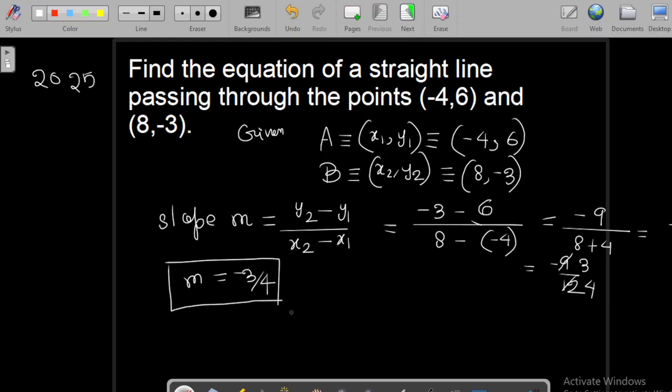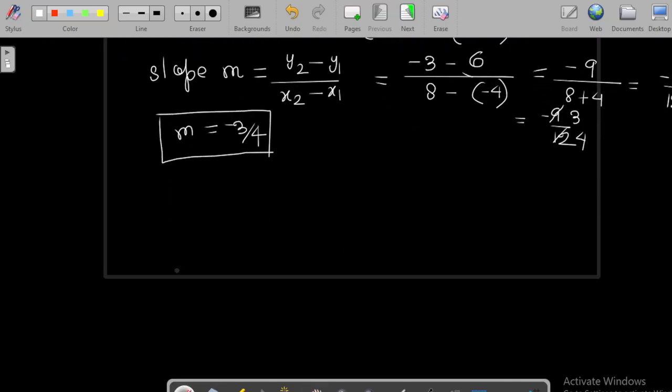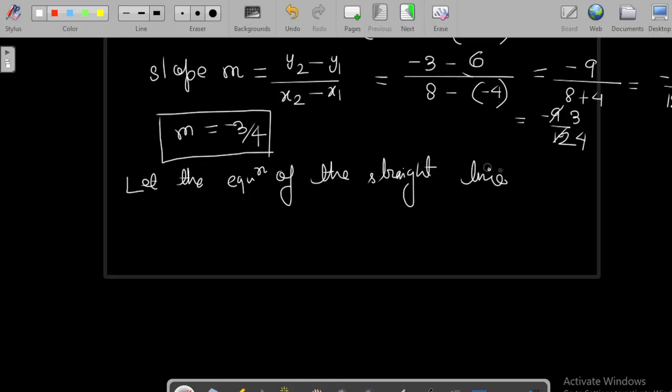So we have found out the slope of the straight line. Now what we do is we assume the equation. Let the equation of the straight line be y equals mx plus c.